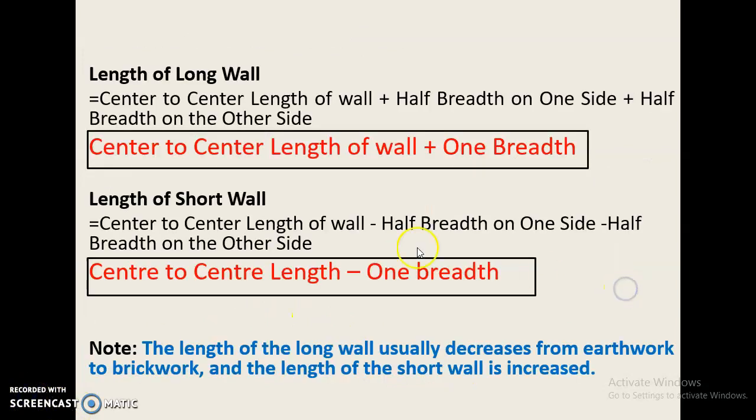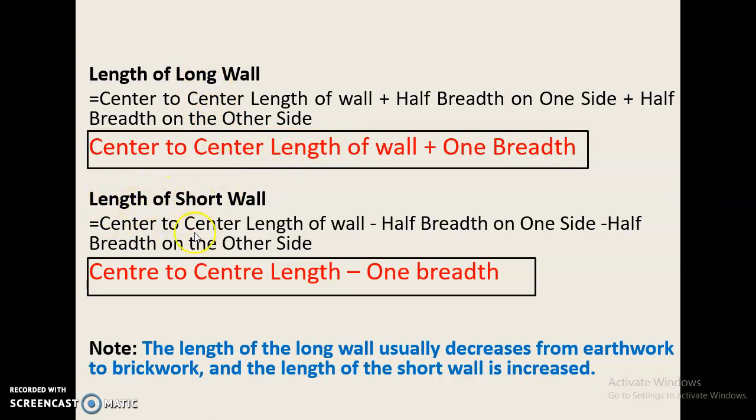Dear students, let us see how to calculate the actual length of a long wall. It's very simple. To calculate the actual length of the long wall, you need to add one breadth of the item of work. That is, center-to-center length of wall plus one breadth gives the length of the long wall.